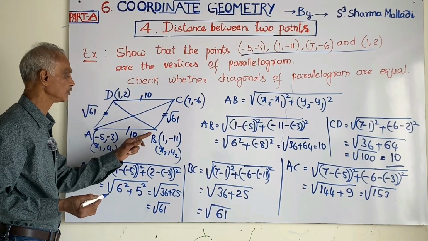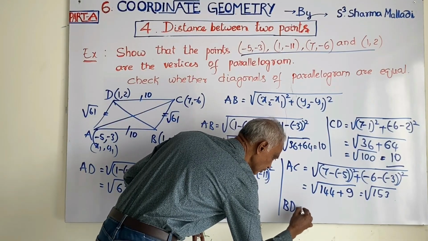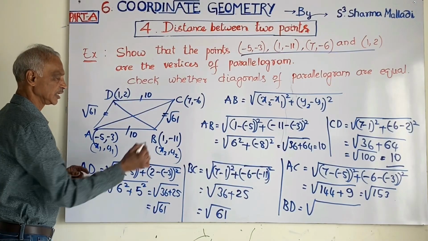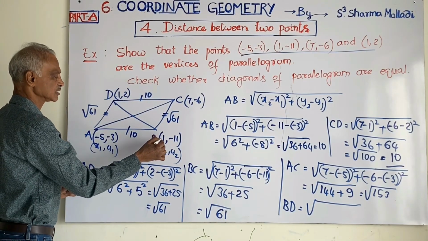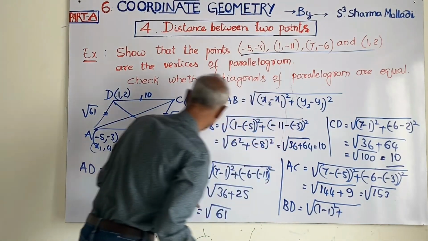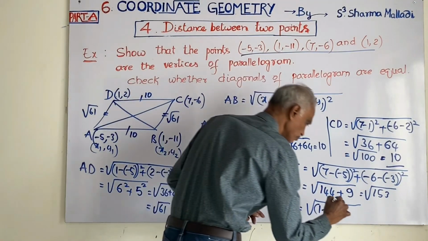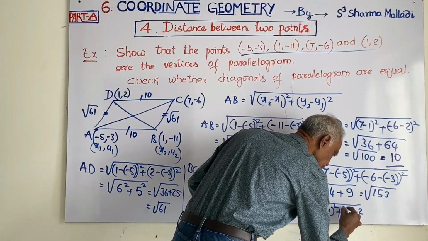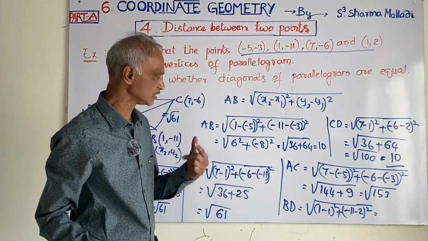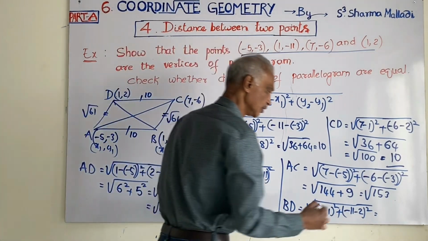BD is equal to square root of, this is x1 y1 and this is x2 y2. x2 minus x1 whole square means 1 minus 1 whole square, plus y2 minus y1 whole square, minus 11 minus 2 whole square, is equal to 1 minus 1 means 0 square means 0, minus 11 minus 2 means minus 13 whole square.